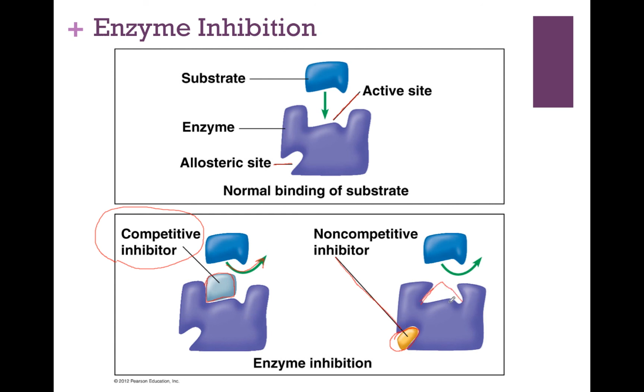We just changed the shape from almost a perfect square to a triangle. So now the substrate cannot bind here either. That's a problem. So there's two methods of enzyme inhibition: competitive, which blocks the active site, and non-competitive, which binds to the allosteric site, changing the shape of the active site.